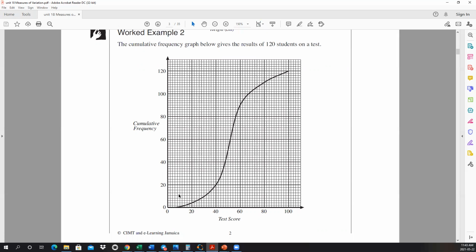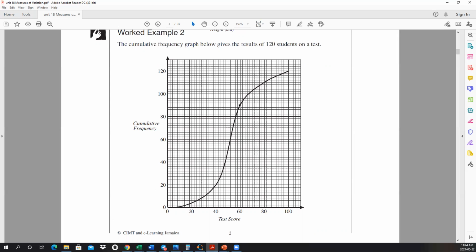As I can see, some are going to get less than 40. Well, all of them are up to 40, so 40 or less. Meaning you're going to have 20, 30, whatever test scores. And that is represented by 20 students got up to 40, or you can say 40 or less on the test score.